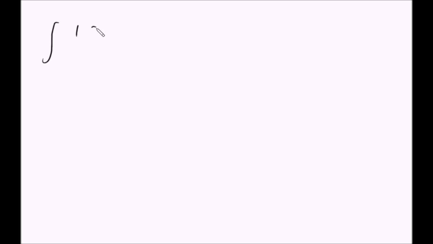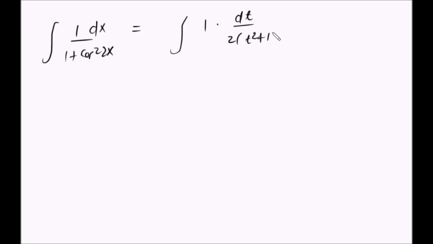Huyu sasa 1 dx over 1 plus cos square 2x, nikileta t sasa na tan 2x, inakuwa sasa na 1 over, so we have dt over 2 times t squared plus 1 over 1 plus 1 over t squared plus 1. So then it's just going to become 1.